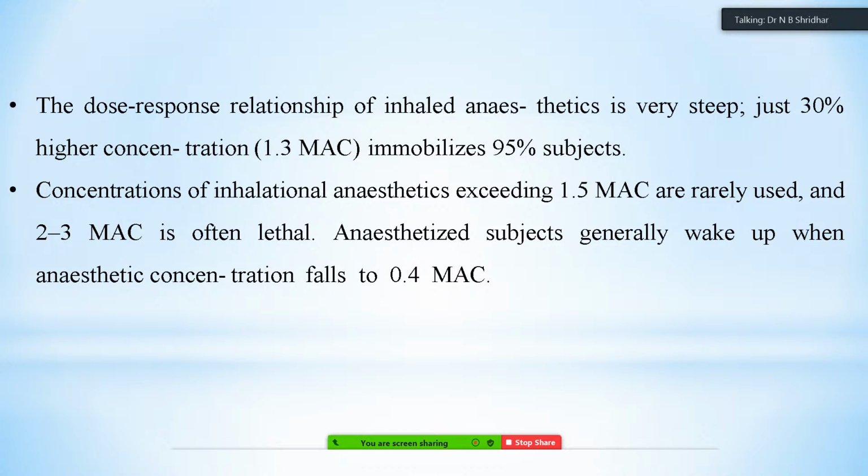The dose-response relationship of the inhalant anesthetic is very steep. Just a 30% higher concentration immobilizes 95% of the subjects. So concentrations of inhalation anesthetics exceeding 1.5 MAC are rarely used, and 2 to 3 MAC is often lethal. That means it will take the patient to stage 4 of anesthesia, also called the stage of medullary paralysis.